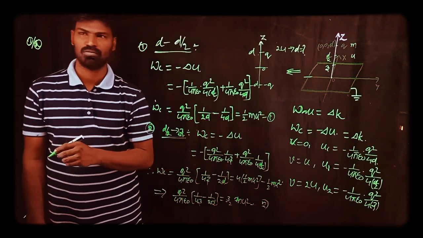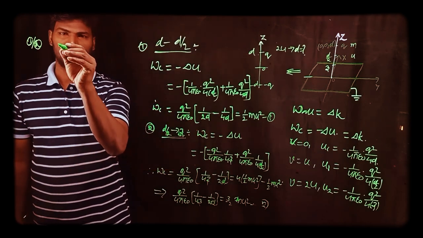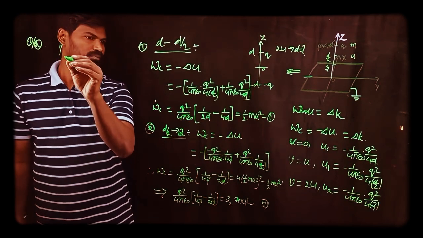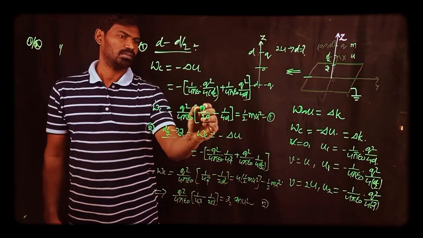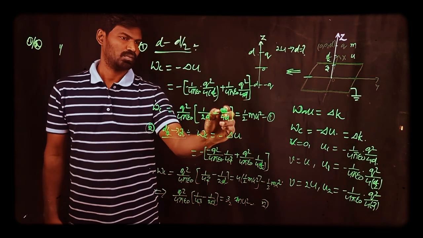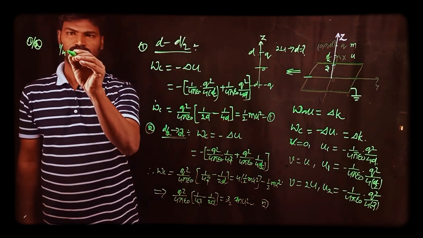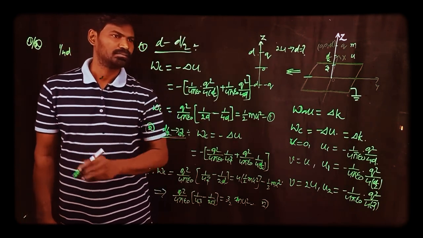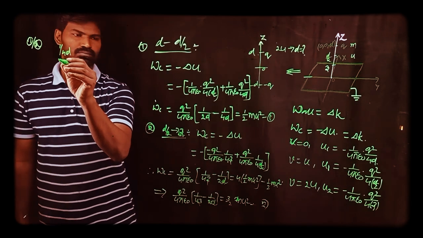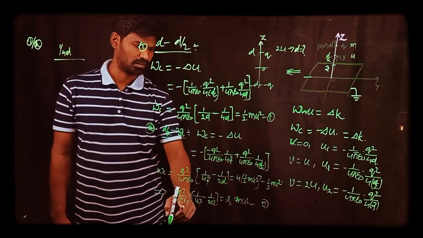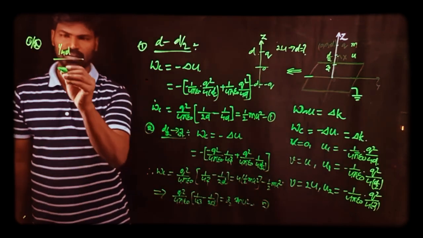So I am writing directly 1 by 4d, divided by this one. The q square by 4 pi epsilon naught got cancelled. So what will you be left with here?